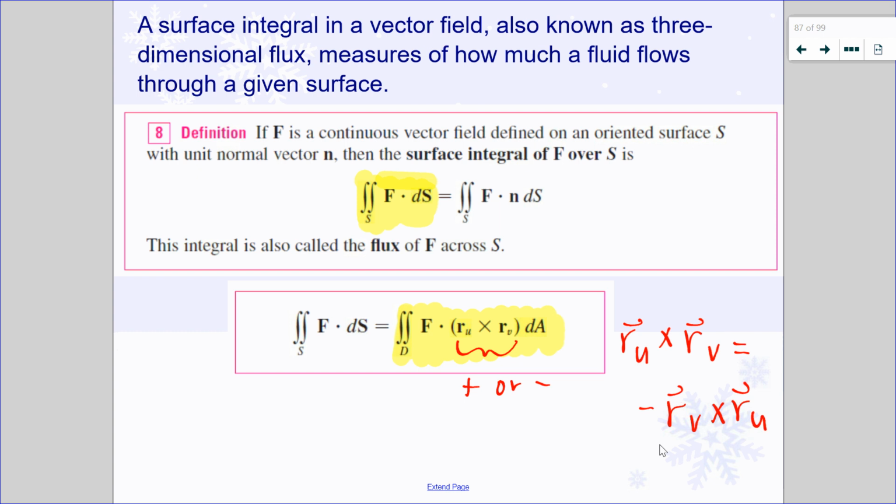That's pretty arbitrary. You choose your parameters, you choose the order in which you take the cross product. So depending on how you decide your parameters and the order of your cross product, that's going to make this particular quantity positive or negative, which will then change the sign of the dot product here.